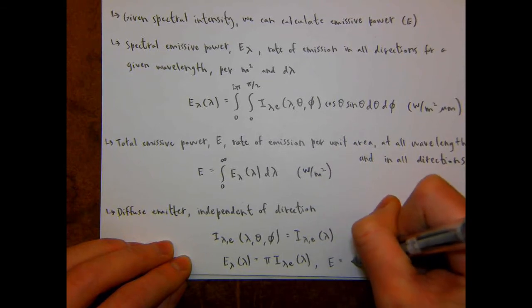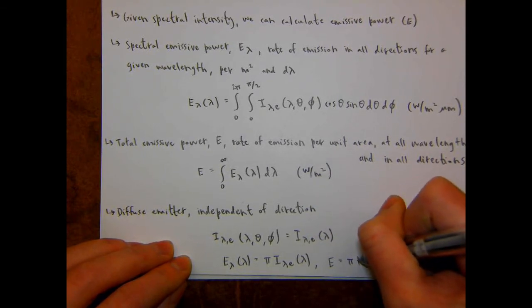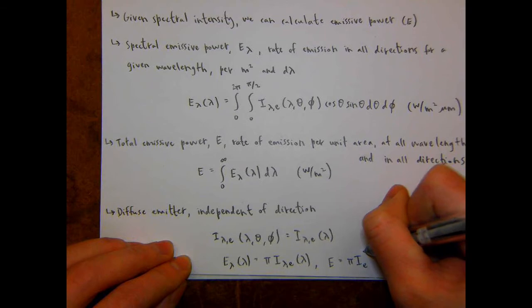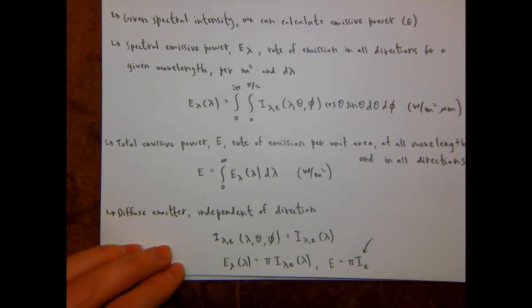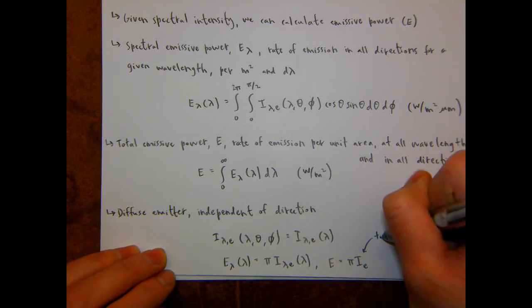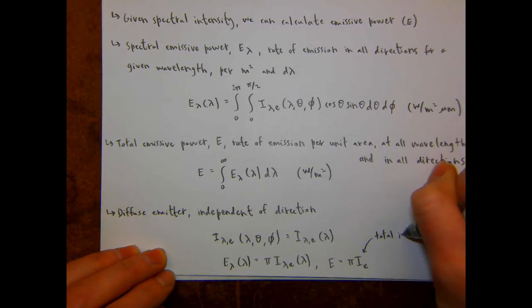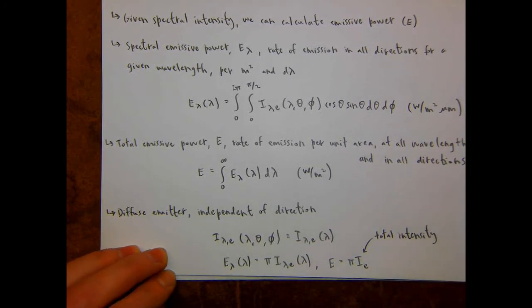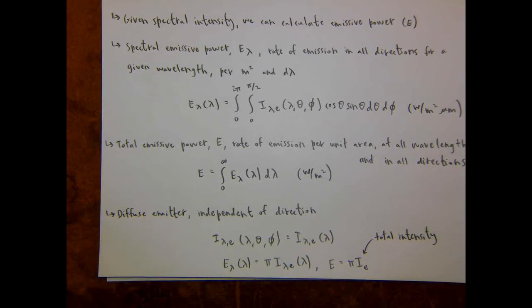And the total emissive power is pi times I sub e, where this is just the total intensity rather than the spectral intensity. So it's convenient to approximate surfaces as diffuse emitters when we can, because we don't have to account for the directional effects.